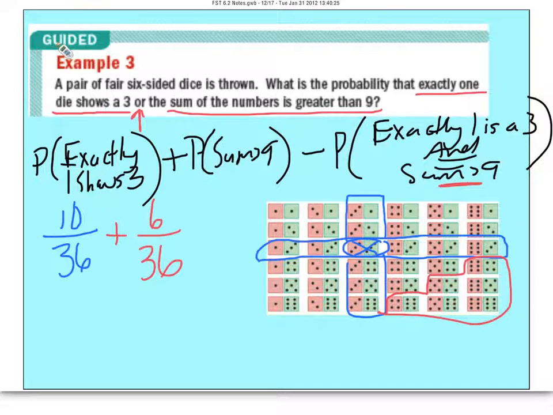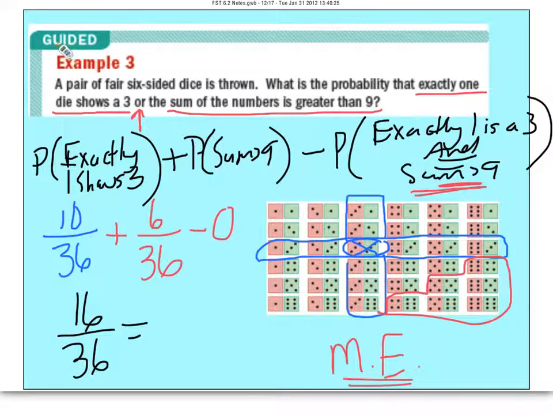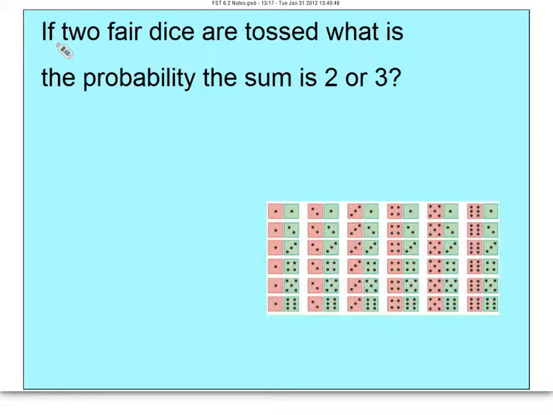This is impossible. It doesn't happen. It's 0. These events happen to be mutually exclusive, so the third part of the formula didn't apply, but I like to check it. So if we simplify, we get 16 out of 36, and that's going to simplify to the fraction 4/9.